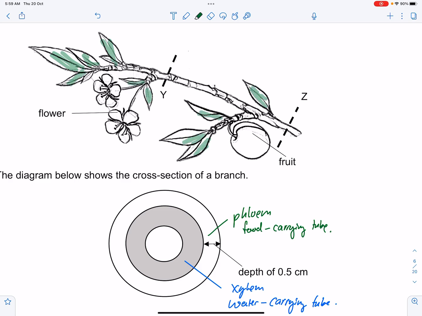Now, think about it. When you want the fruit to get bigger, obviously it needs to have more food stored in it. So if the fruit is able to get more food that is produced by more number of leaves, then it grows bigger.